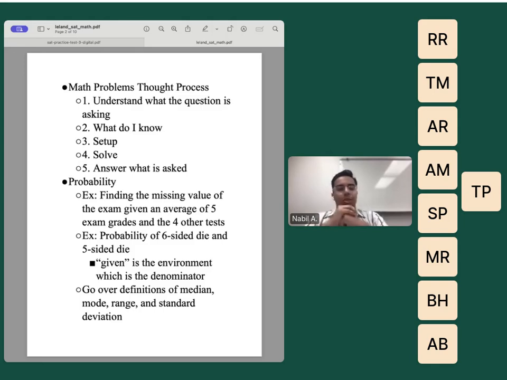Students will do a great job with steps one through four, but then they'll mess up by not answering exactly what the question is asking. So implementing this one through five strategy is really key whenever you do these math problems.